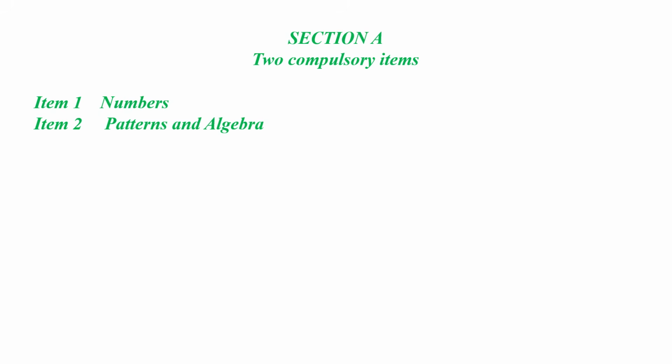Then item 2 is also compulsory. Those are the 2 items in section A. Item 2 is always from topics under the theme of patterns and algebra.